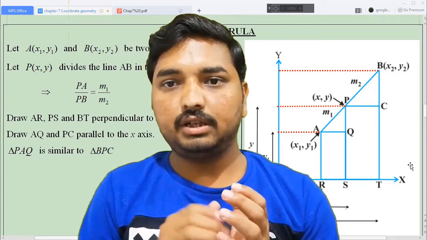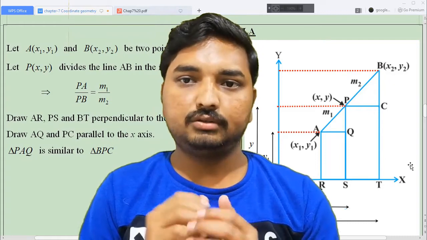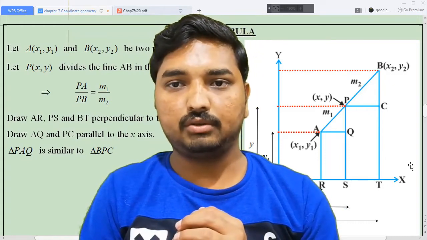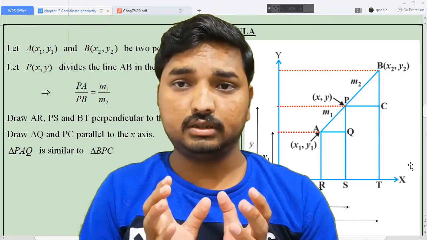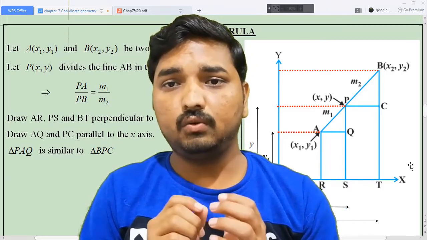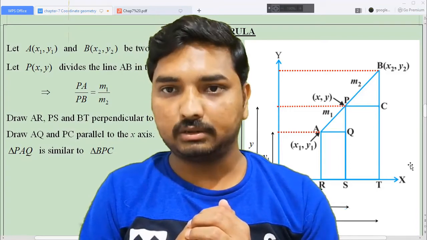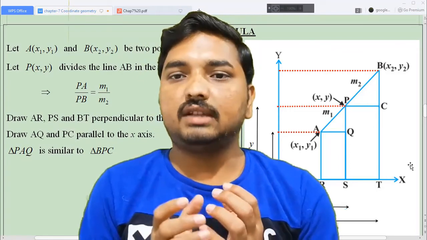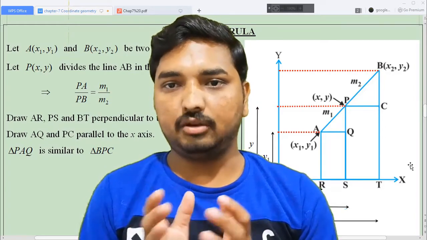Now if you take the ratio 3 by 6, it becomes 1 by 2. So we have cut the straight line in the ratio 1:2. The previous example was 1:1. In this sense, we can divide a straight line by cutting at some point.